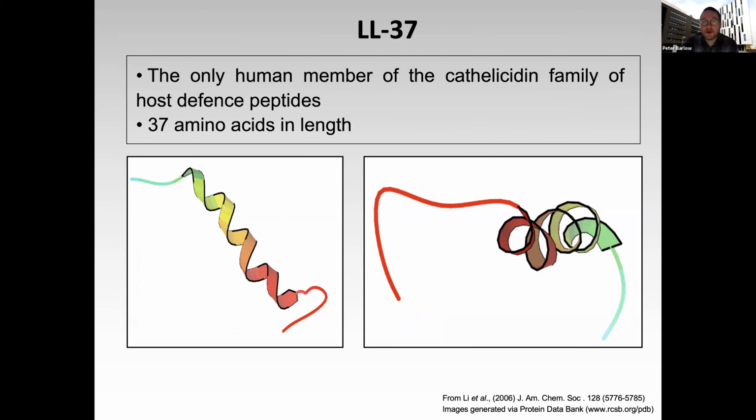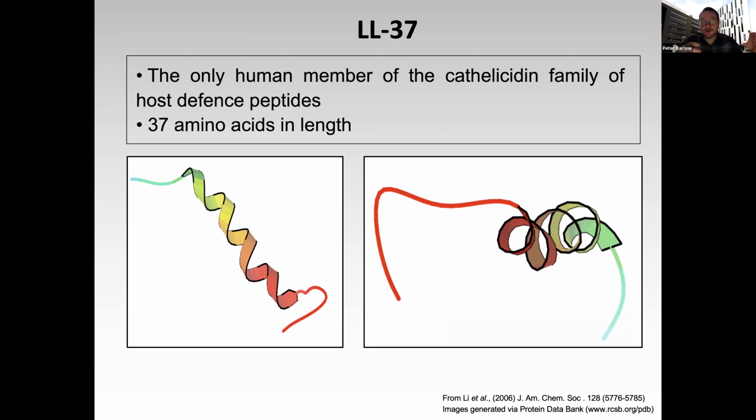So I work on the only human cathelicidin. It's called LL-37 because its sequence starts with two lysine residues, and it's 37 amino acids in length. This is what it looks like when you do a 3D model of it.